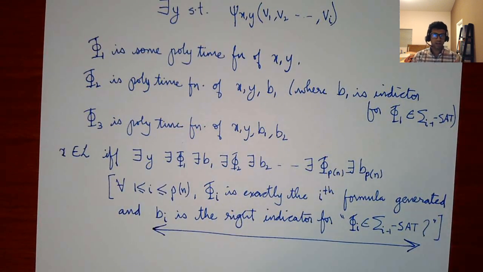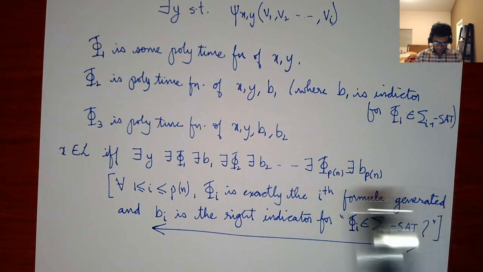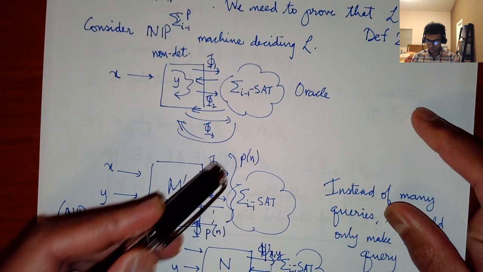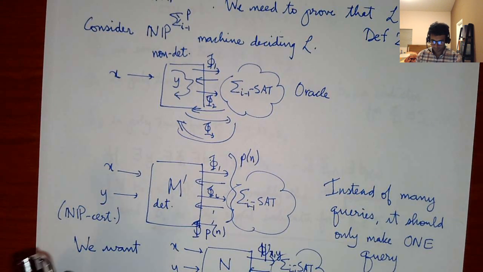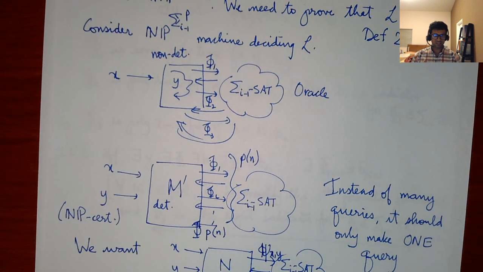And you list out a guess for, do you think this is in the input or not? Do you think this is in sigma i SAT or not? And that's that. If you guess all of these correctly, that means all of this interaction has been guessed, which means that one can run the machine M prime. And I claim that all of these guesses can be verified through a single sigma i SAT query.